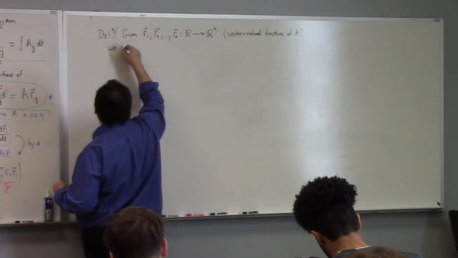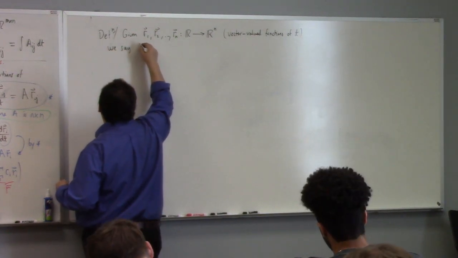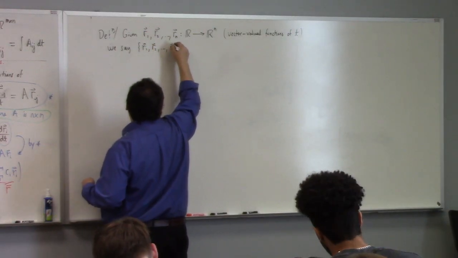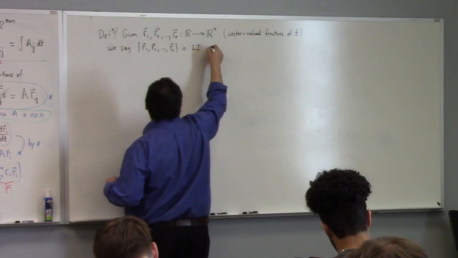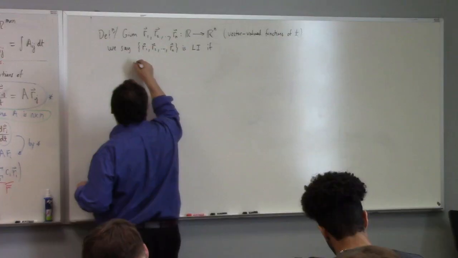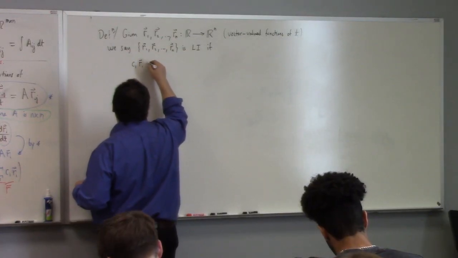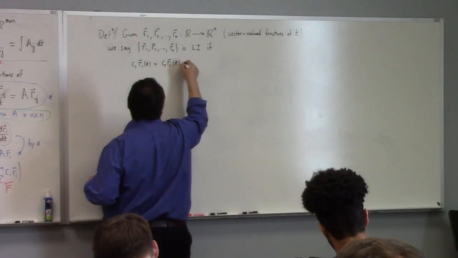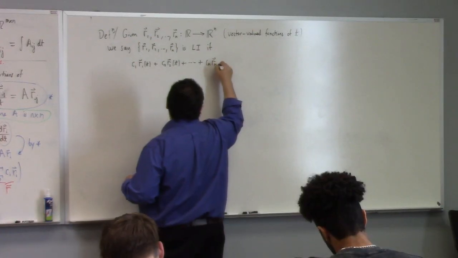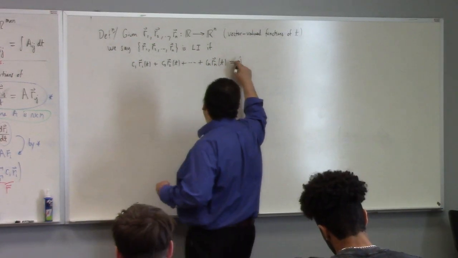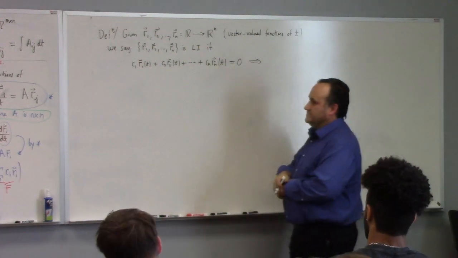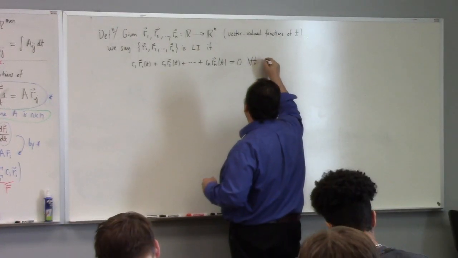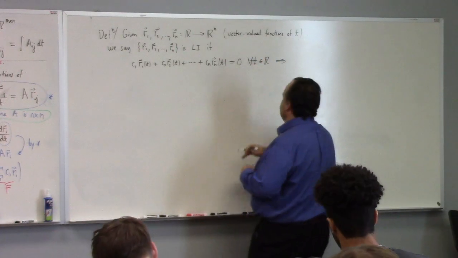We say the set containing these functions, R1, R2, ..., Rn, is linearly independent if C1 R1 of t plus C2 R2 of t plus ... plus Cn Rn of t equals 0, for all t in the reals, implies what?